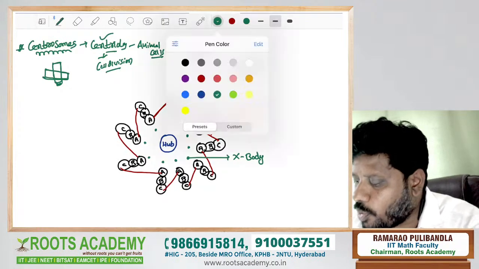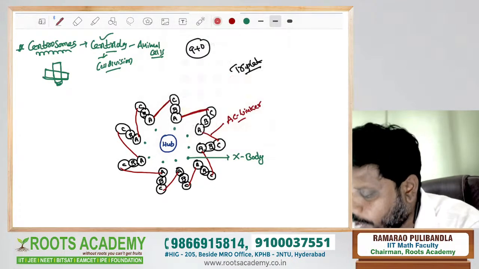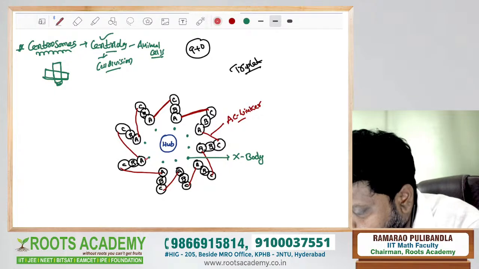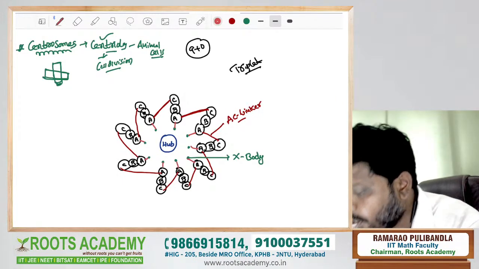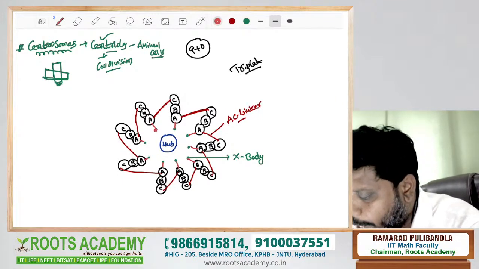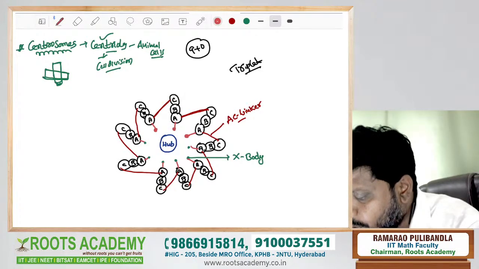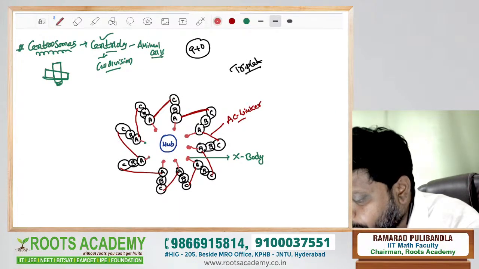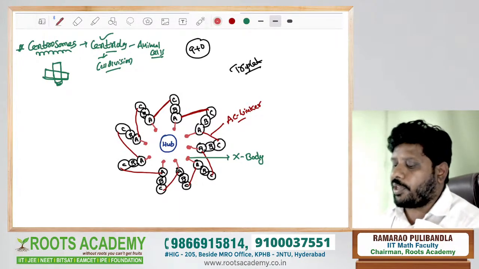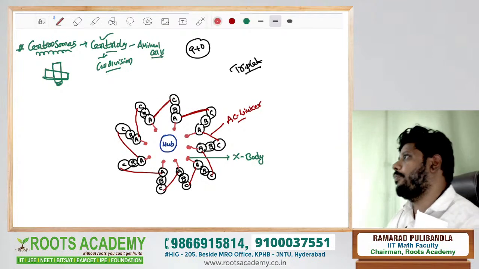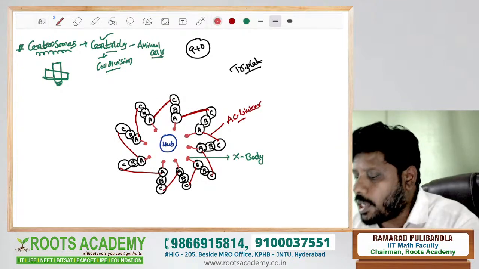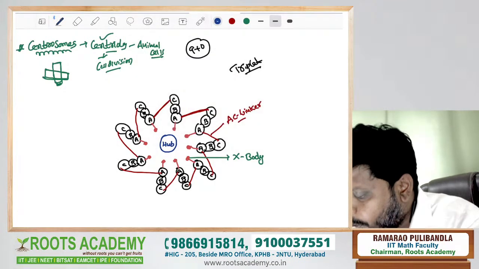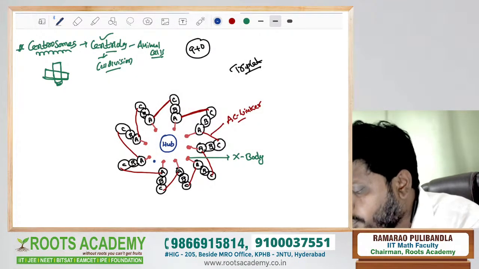These X bodies are connected with what? It is connected with the A microtubule. See, this is the X body, the color changes. And this is the Y body.